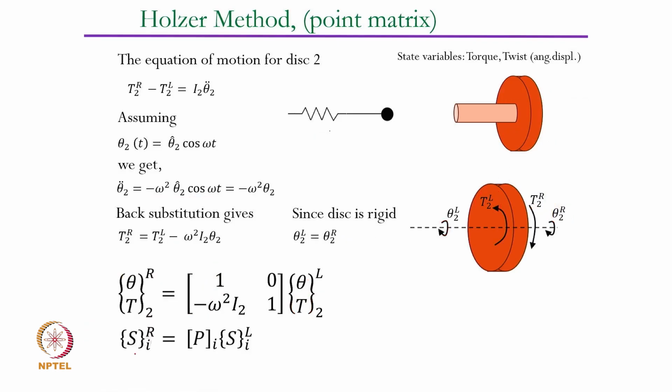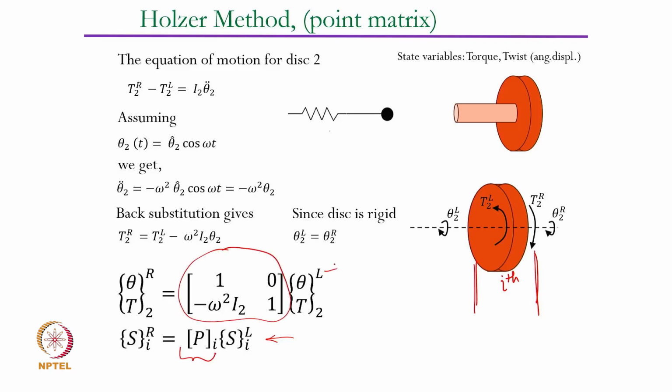And what are these theta and T? These are all the state variables. So the state vector on the right side of the inertia element, this is the ith inertia, is related to the state vector on the left side through this equation, and it is related through this matrix.